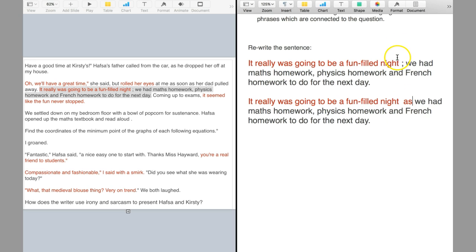When he says "it really was going to be a fun-filled night", you stop. Then when we read "we had maths homework", you get an "oh". Then you know it is not really a fun-filled night, isn't it? So it is sarcasm.